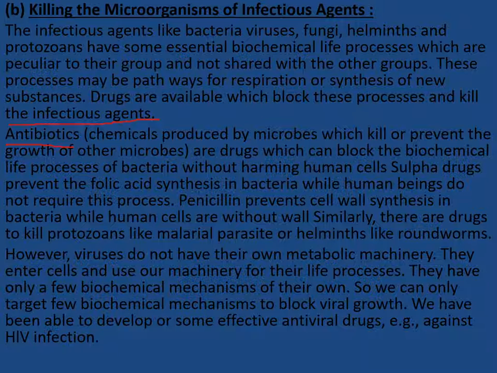Antibiotics are chemical substances produced by microbes which kill or prevent the growth of other microbes. And we take the antibiotics. Because of these antibiotics, they kill or prevent the growth of the pathogens or infectious agents.